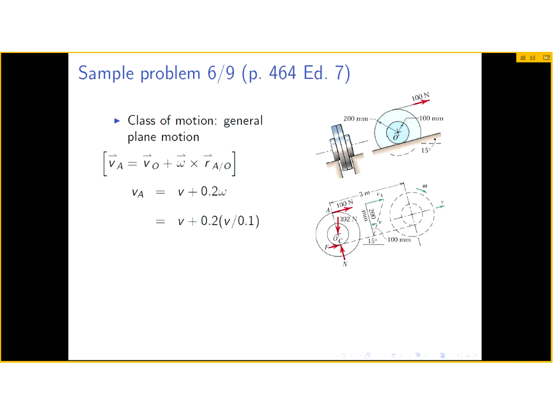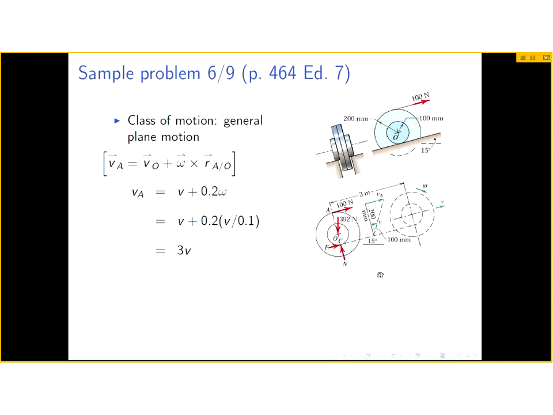So I'm replacing in this equation the omega with V divided by 0.1. And once I write my velocity of A in this form, it's very easy to simplify and calculate that the magnitude of the velocity of A, or the speed of A, is simply 3 times the speed of the center of the wheel.